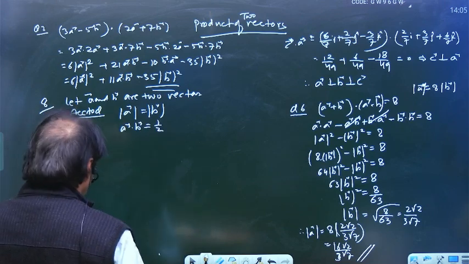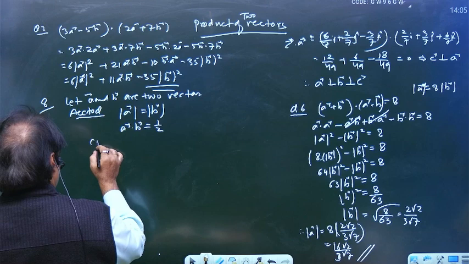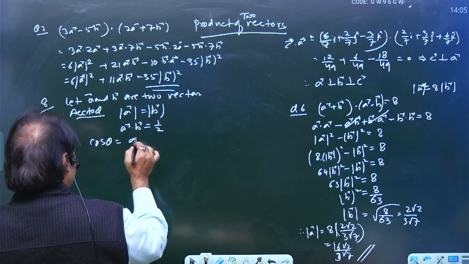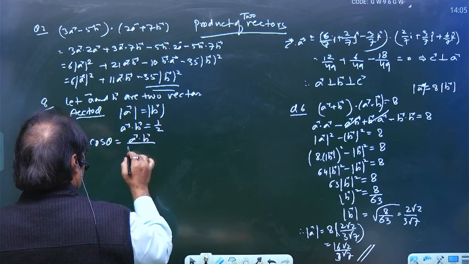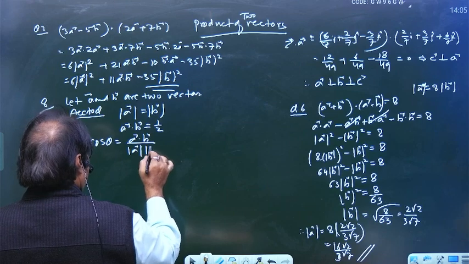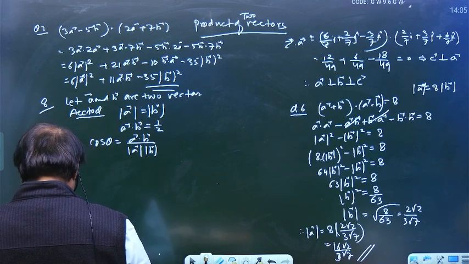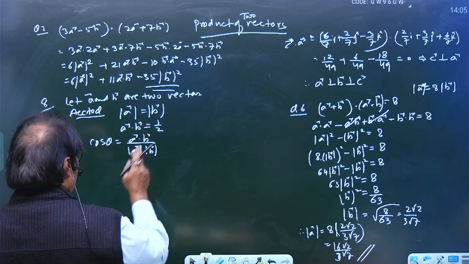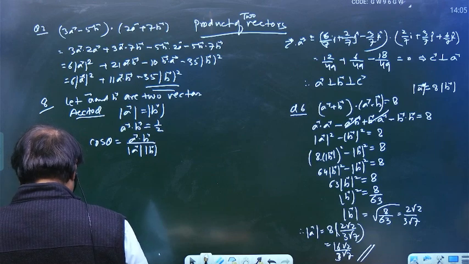So apply the formula: cos theta is equal to A dot B upon magnitude of A into magnitude of B. This is the formula.